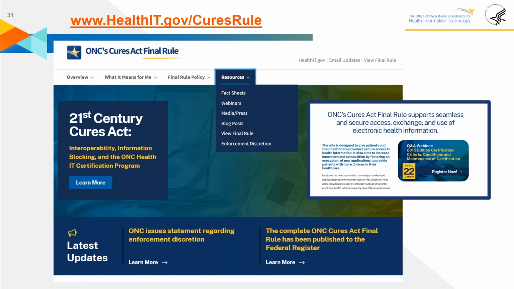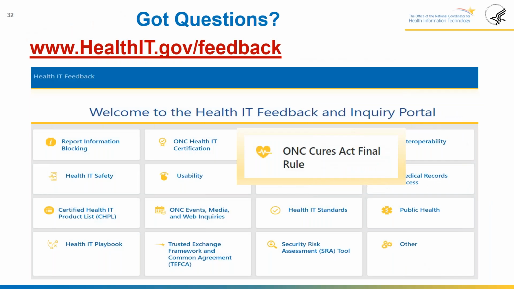The other thing, if you have questions about the rule that you would like to get an answer from ONC, or if you have other feedback, we have a portal for inquiries and feedback, healthit.gov/feedback. There is a dedicated category. Just click the button if your question or feedback is about the Cures Act final rule. As you can see from this slide, there are other categories.